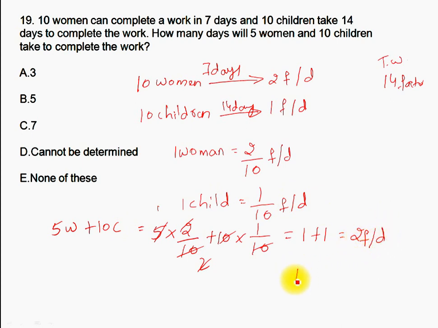We know our total work is 14 factors. We need to divide to find how many days they require to complete the 14 factors of work. That comes out to be 7 days. So our answer is 7 days.